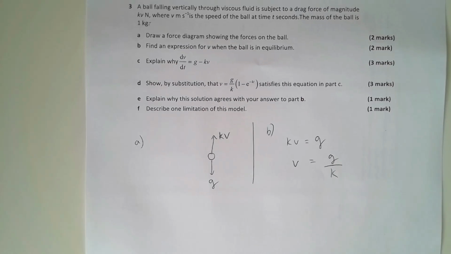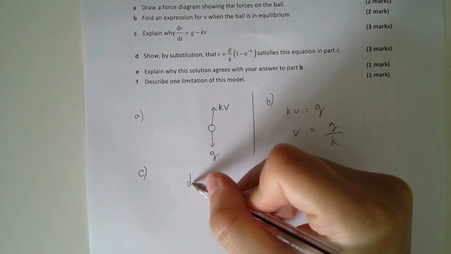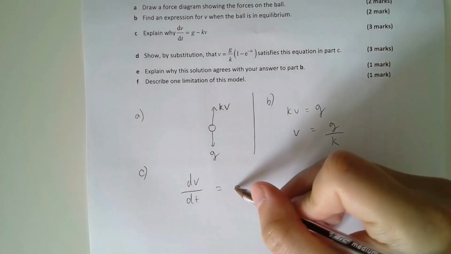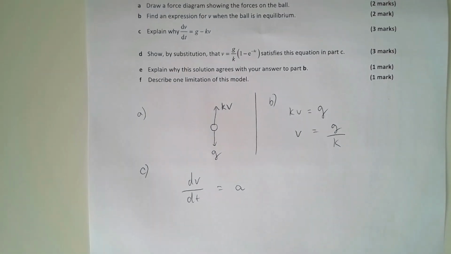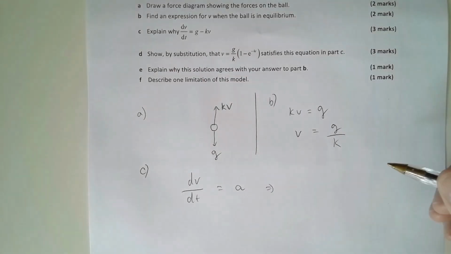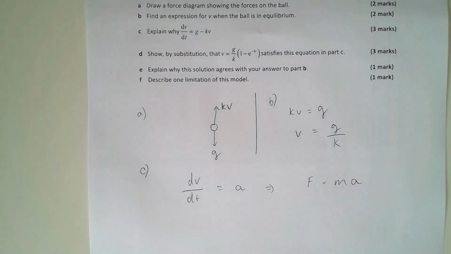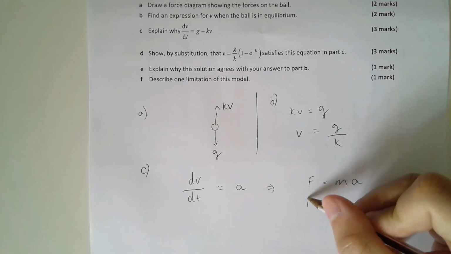Okay, part C. First of all, you see that dV over dt, what we're looking for, is basically equal to a. And what we're looking for is F equals ma, isn't it? You know, Newton's second law. When m equals 1, F equals a.